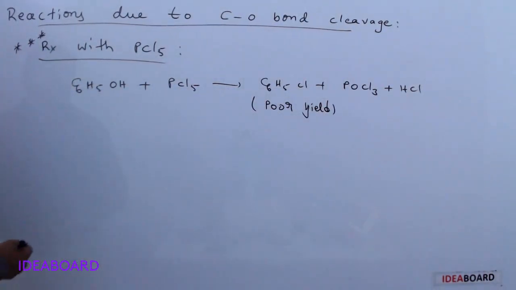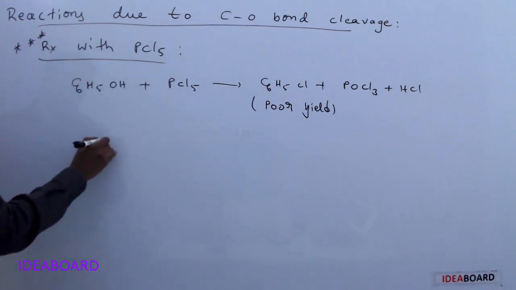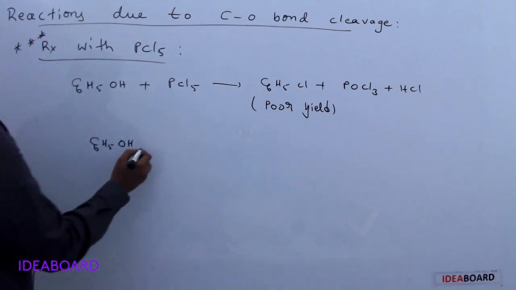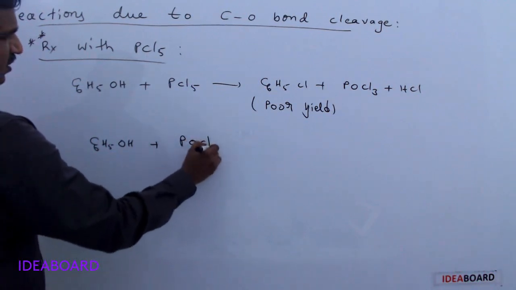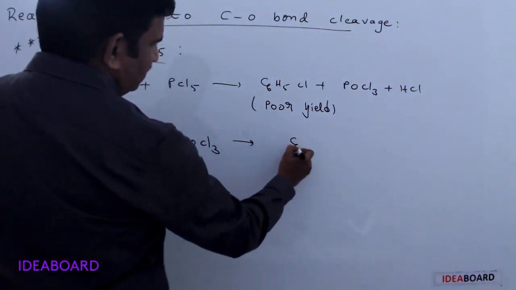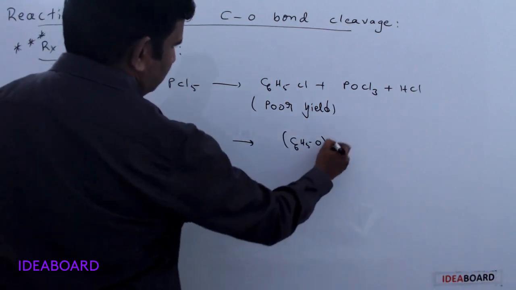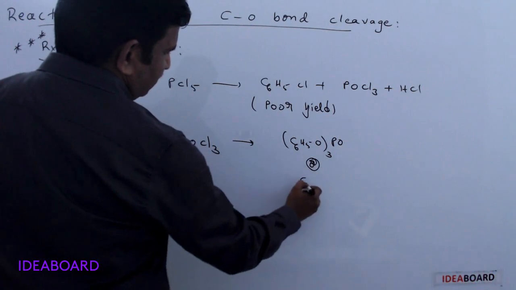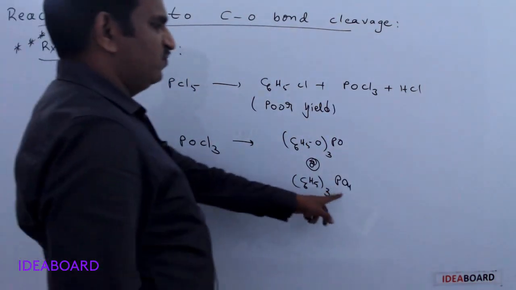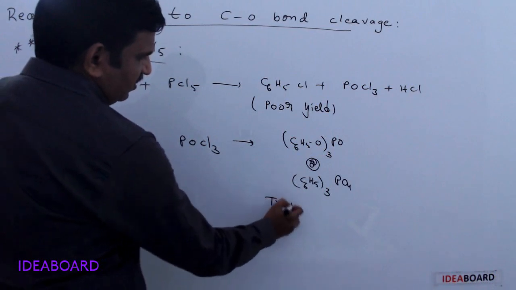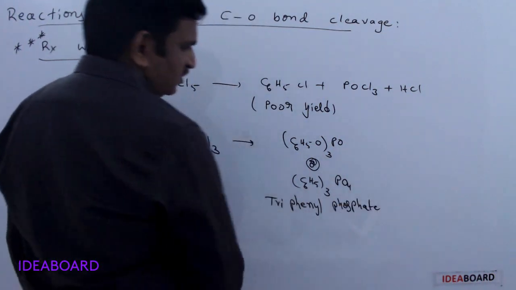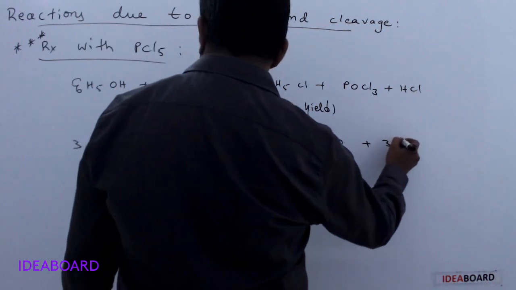We are not getting it in large quantity. What actually happens is that phenol reacts with the POCl3 formed here, three molecules of phenol reacting to form (C6H5O)3PO, triphenyl phosphate, plus 3HCl.